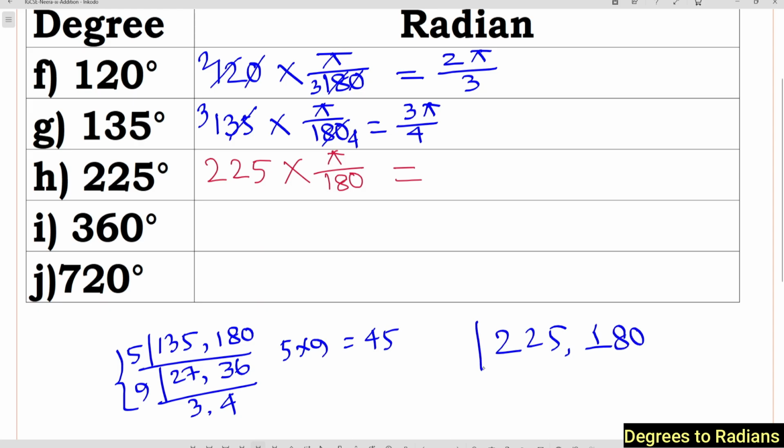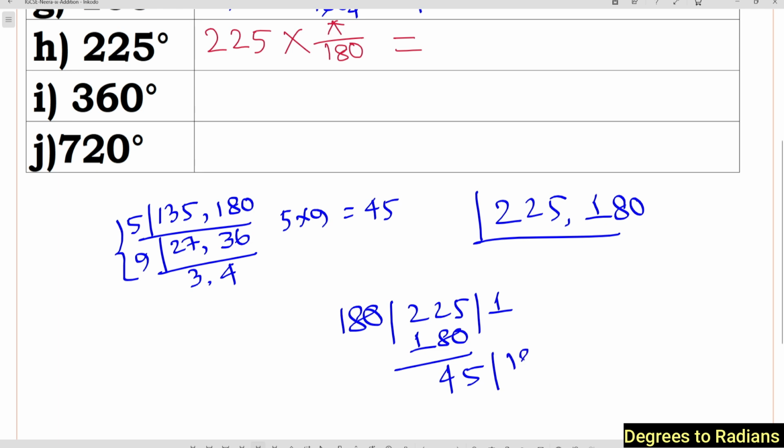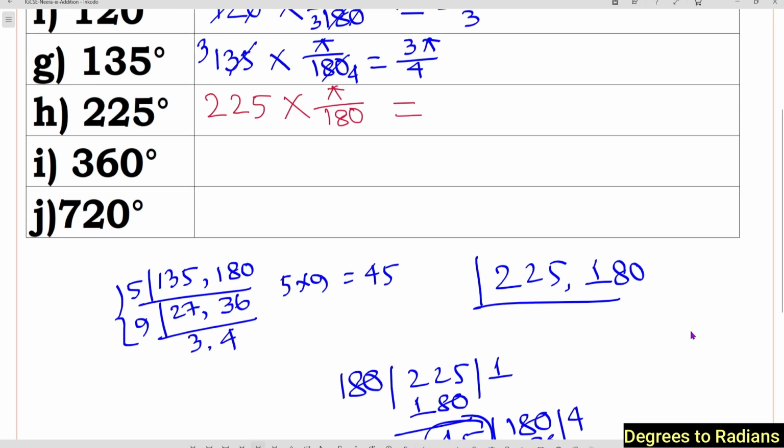Two ways we can solve this. 225 divided by 180 is 1 time, remainder 45. Then 180 divided by 45 is 4 times. So 45 is our GCD, the greatest common factor, or HCF.